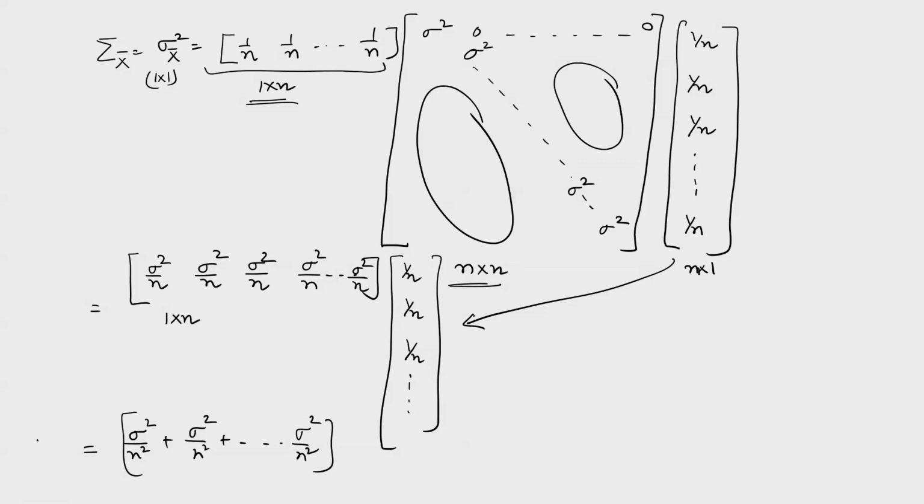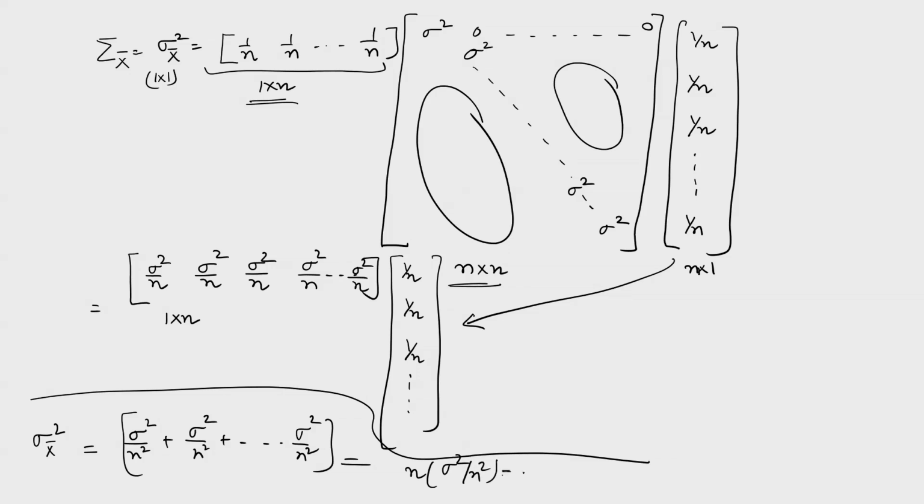So I can write here sigma x bar square equal to n times sigma square by n square, and you will get sigma square by n here. What is the value of sigma x bar square? It is nothing but sigma square by n. I can write here very easily that sigma x bar equals plus minus root of this quantity, so sigma by root n.